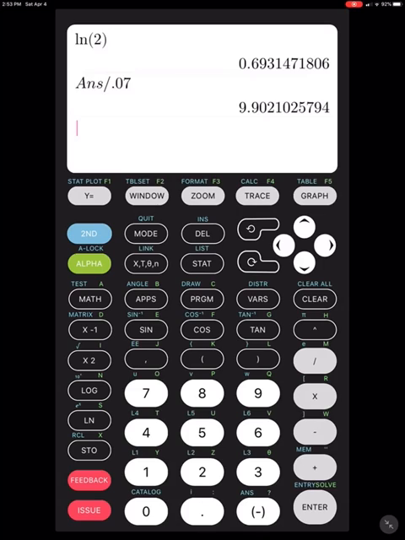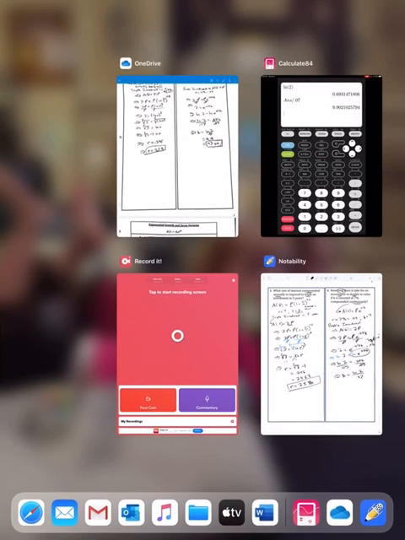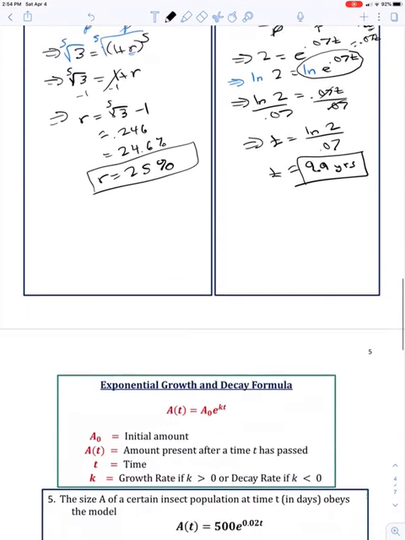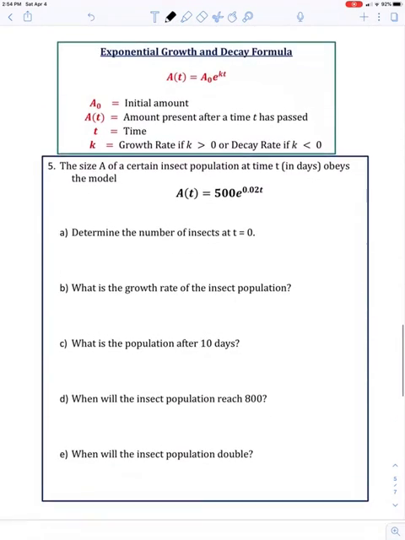Got 9.9. So 9.9 years. So almost 10 years, right? It's the amount needed to double the investment. All right, so there's our time value. So again, some good applications of exponential models. All right, let's move on.